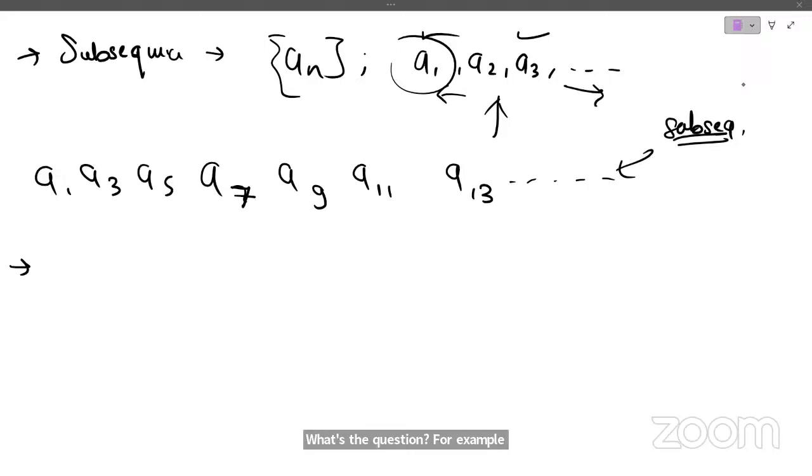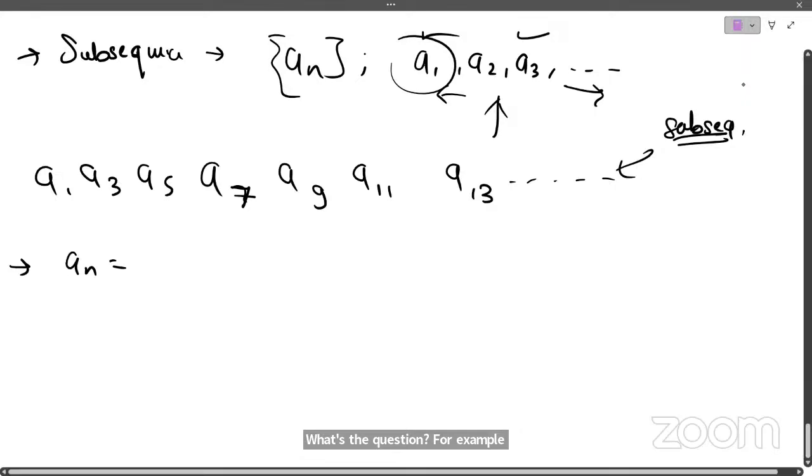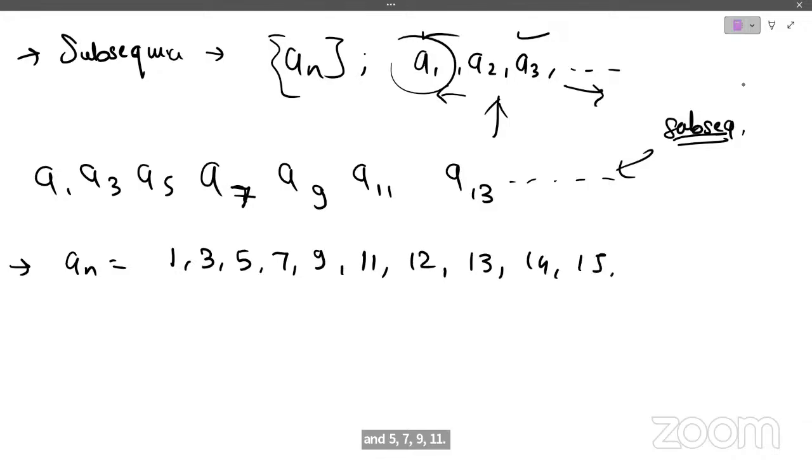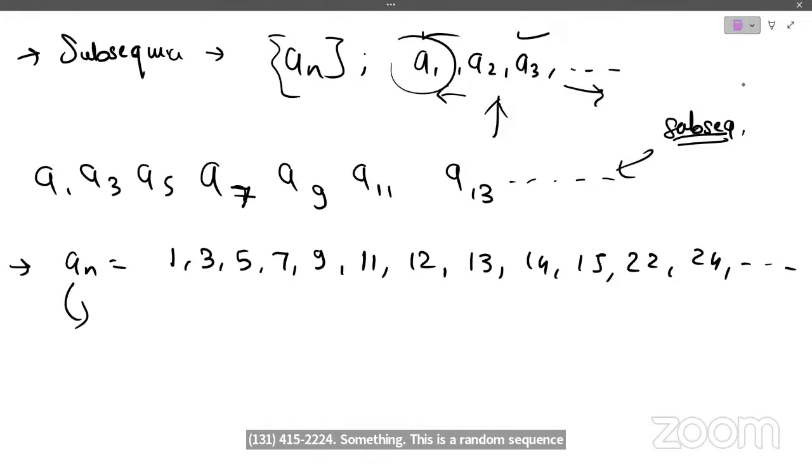For example, suppose your sequence an is 1, 3, 5, 7, 9, 11, 12, 13, 14, 15, 22, 24, something. This is a random sequence. If I want to find a subsequence, I'll pick numbers randomly. Suppose I choose 1.